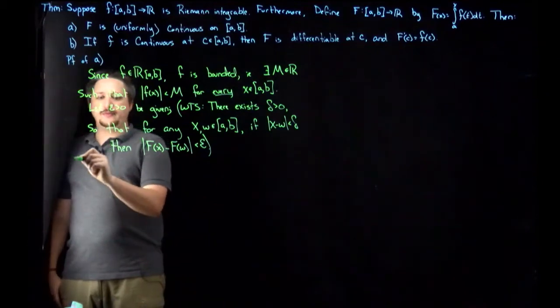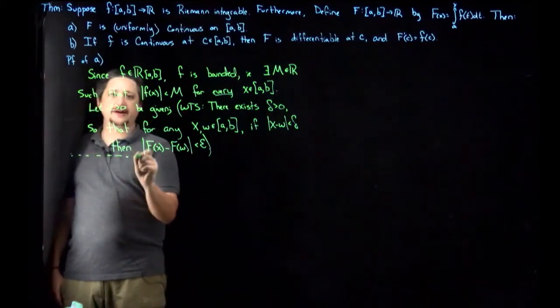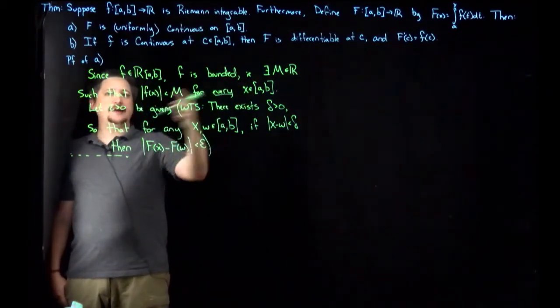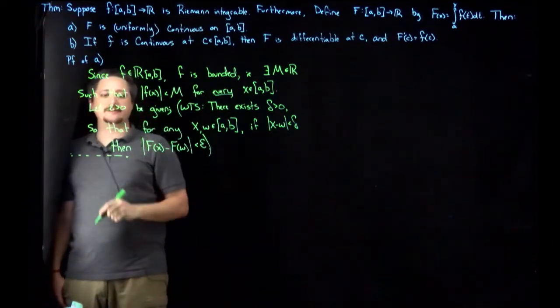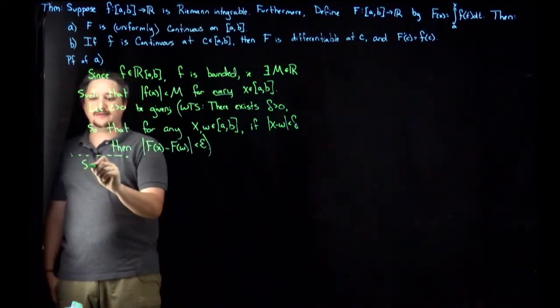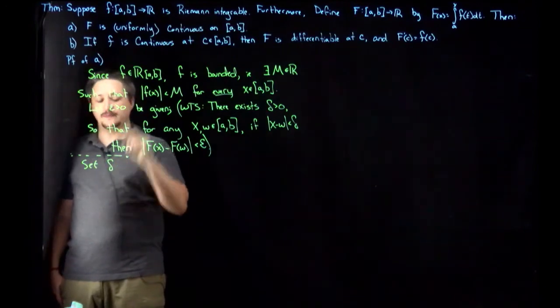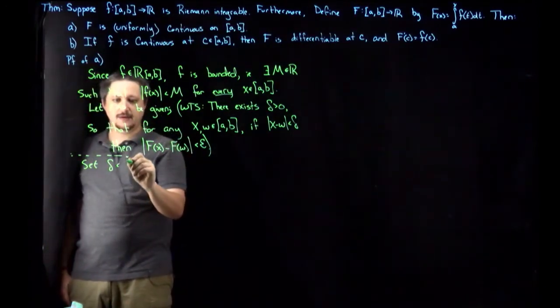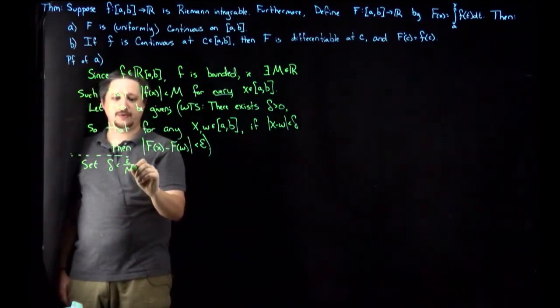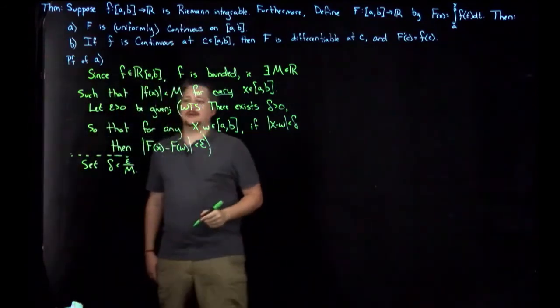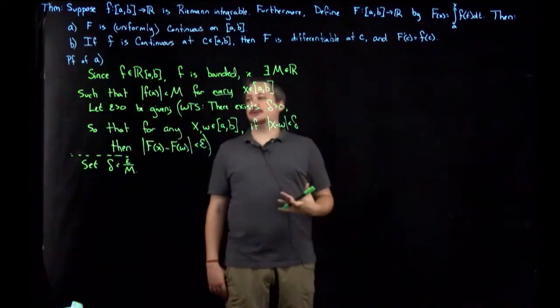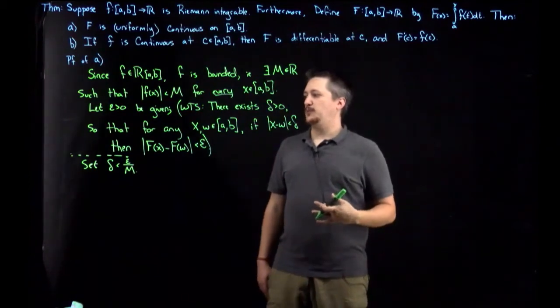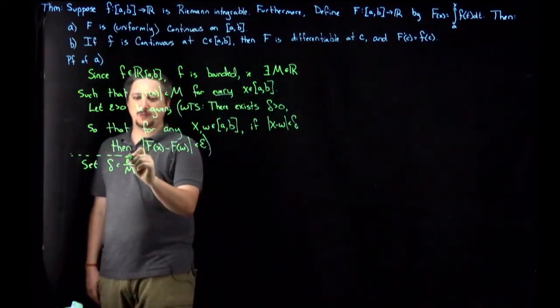All right, so I'll maybe do a little dotted line here. So we have that it's bounded by M. We've let epsilon be given, so I'm going to set delta to be something less than epsilon over capital M. And again, it may not be obvious why this works yet, but it should become obvious once I've done it.